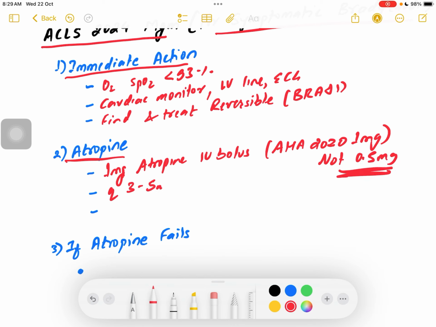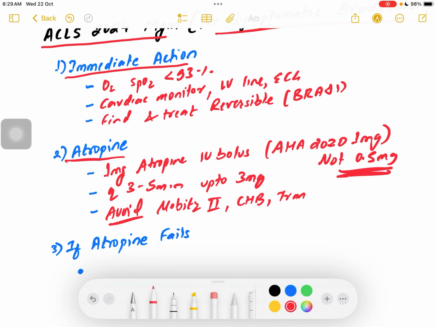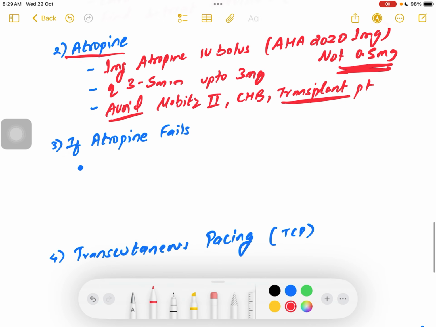I for increased intracranial pressure, or infections like Lyme disease and endocarditis. These are the reversible causes which can cause bradycardia, and we have to find them to treat the patient.